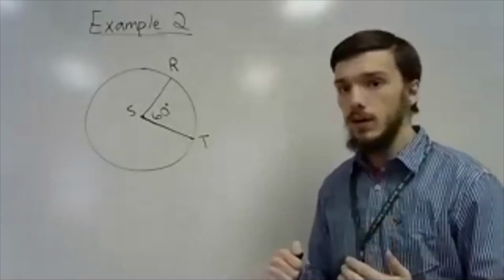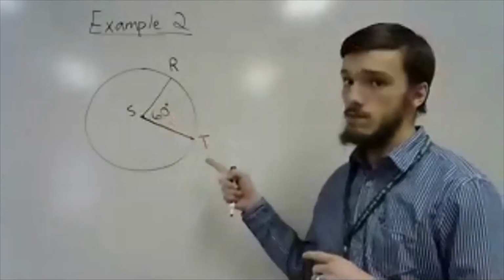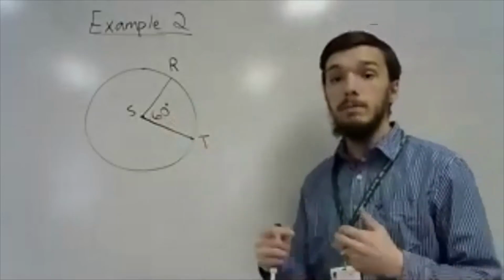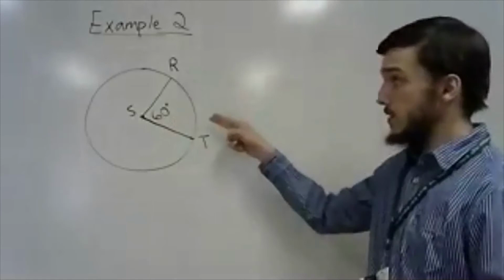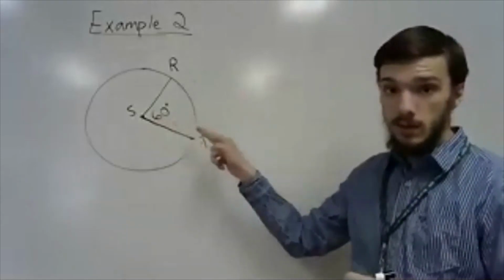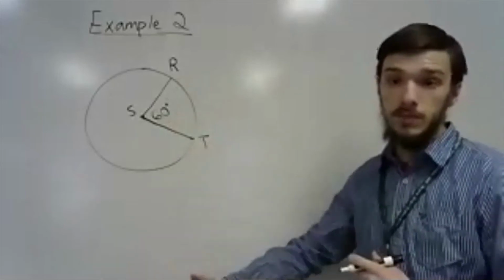So now that we know how to name arcs, we are going to discuss how to measure the arcs. And the measure of the arcs has to do with the central angles that form them. So for a minor arc, the measure of the arc is directly dependent on the measure of the central angle that forms it.